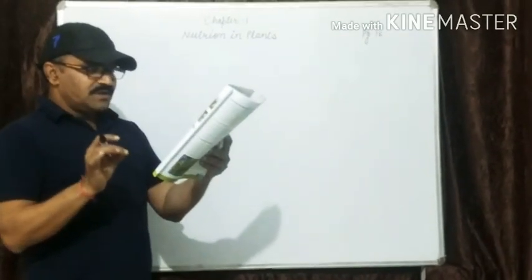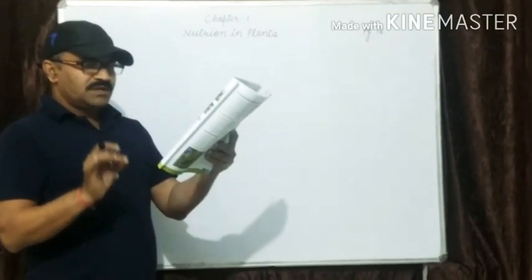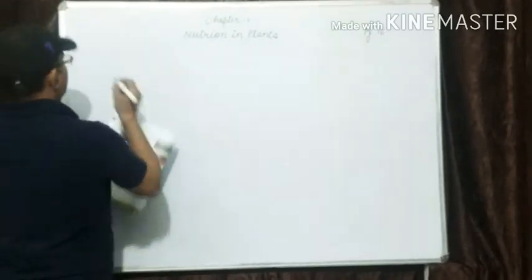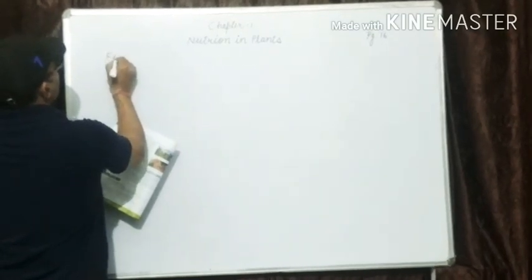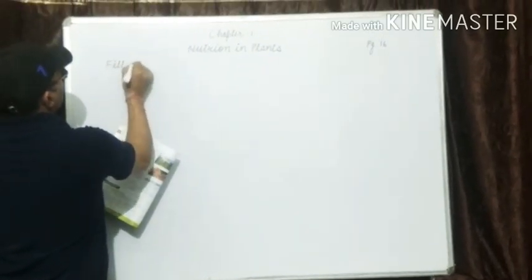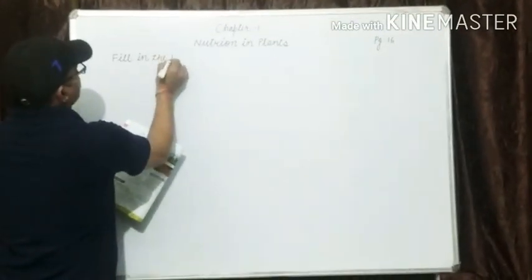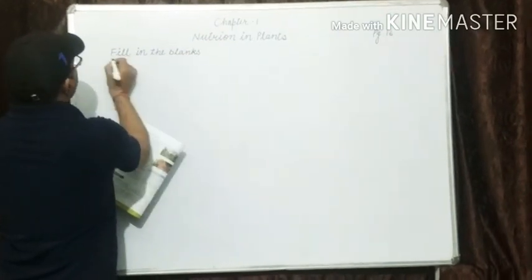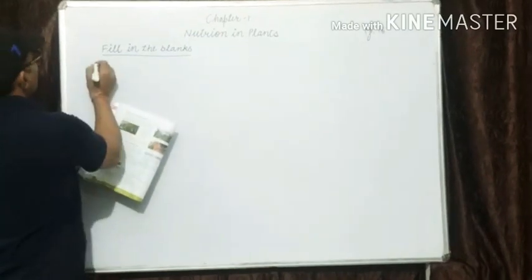Organisms that prepare their own food using the simple substances from their surroundings are called autotrophs. These are on page number 16.